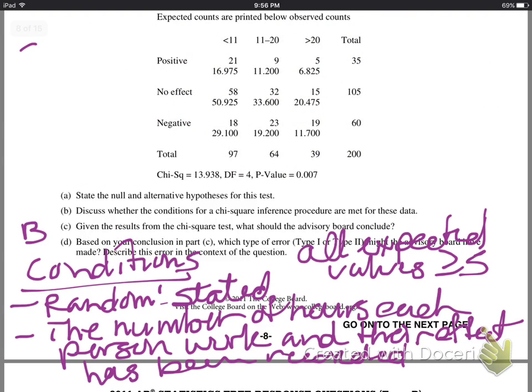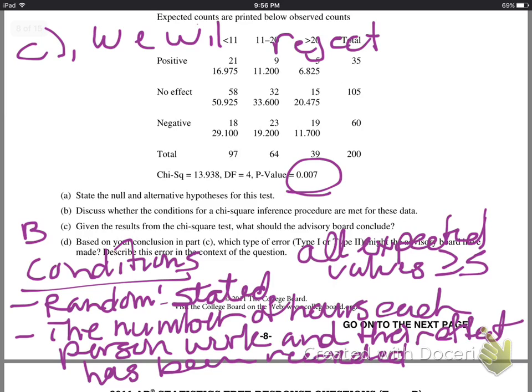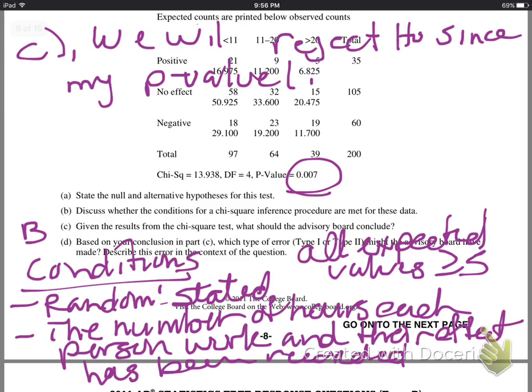Okay, so let's go to C. And they give me my p-value, and so I'm going to say we will reject H0 since my p-value of 0.007 is small.